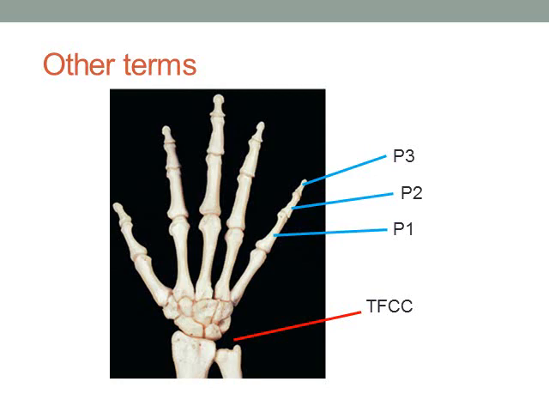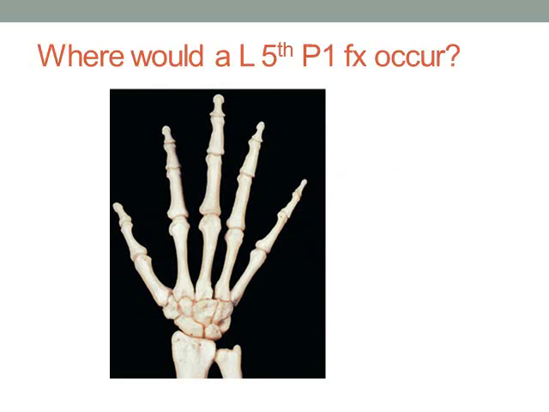You'll also hear terms P1, P2, and P3, and what those are referring to is P1 is your proximal phalanx, P2 is your middle phalanx, and P3 is your distal phalanx. So if we put all this together and we wanted to put this in a clinical case, you might get a prescription to treat someone that has a left fifth P1 fracture.